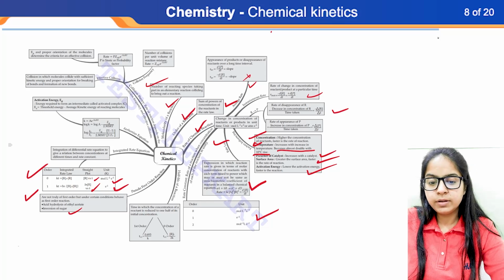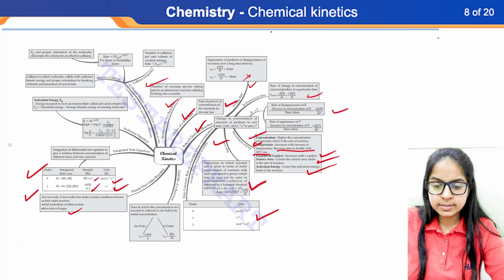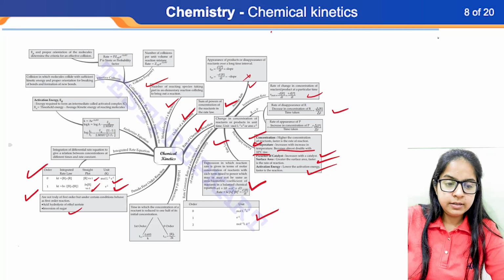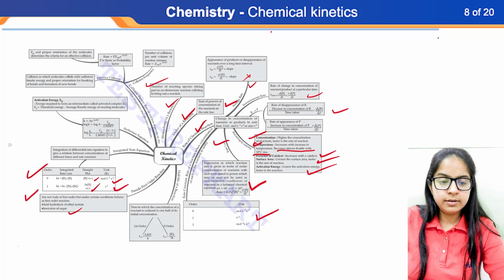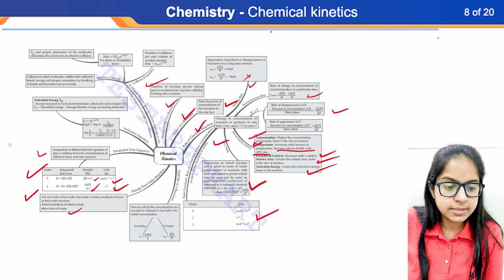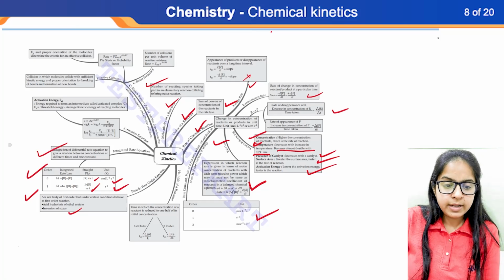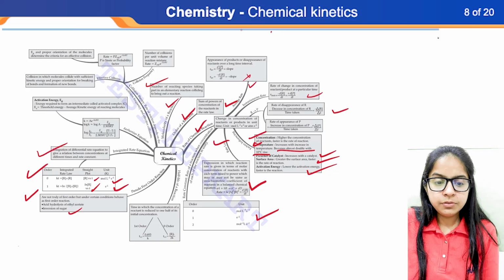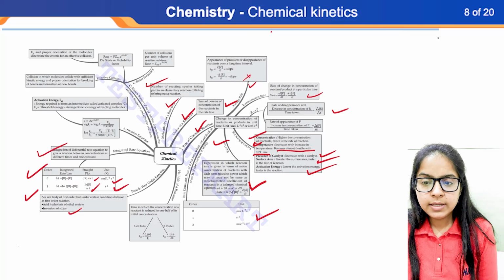If it is a first order reaction, then it's second inverse. If it is a second order reaction, then it's mole inverse liter per second. I have covered the integration of the differential rate equation to give a relation between concentration at different times and the rate constant. Now, after that, I am going to cover the Arrhenius equation.